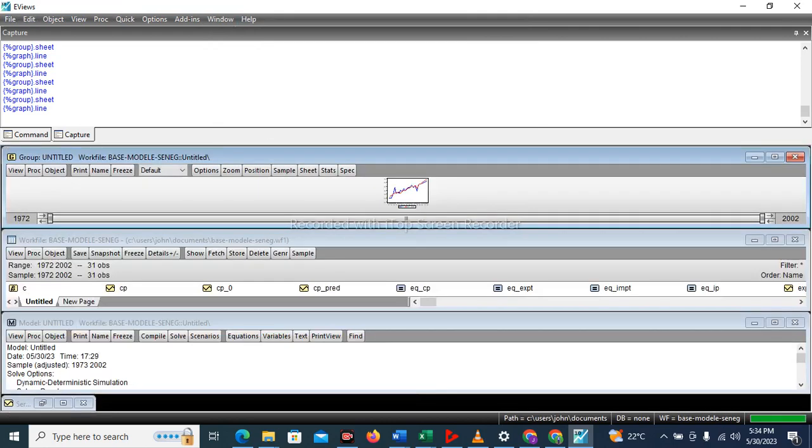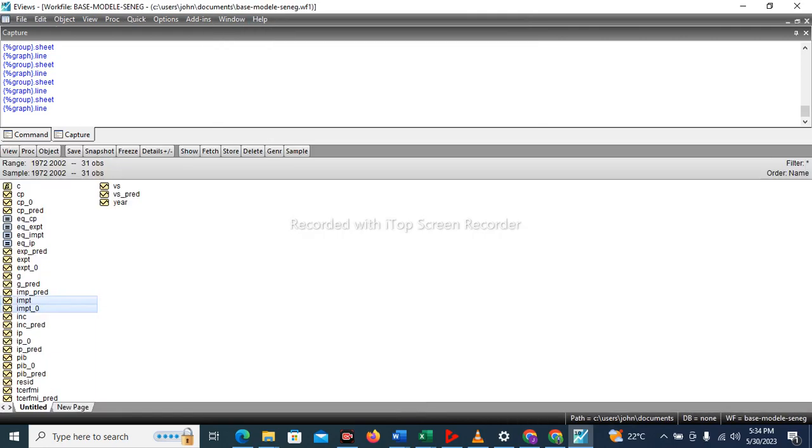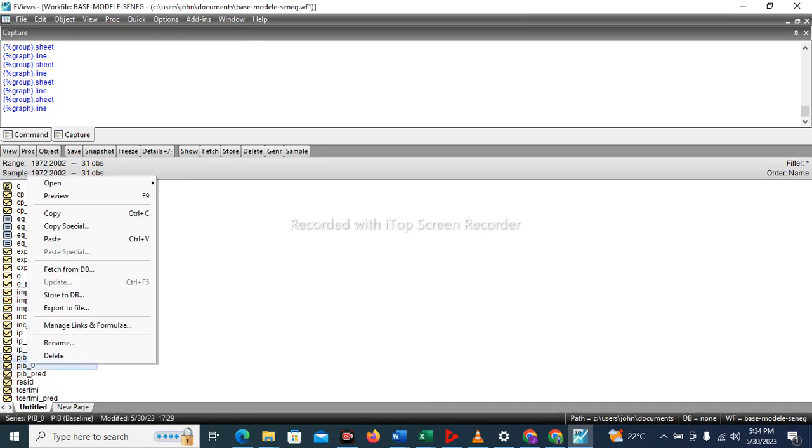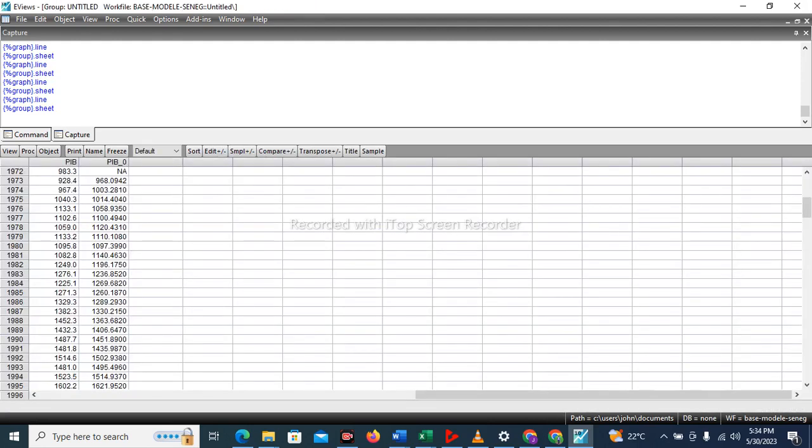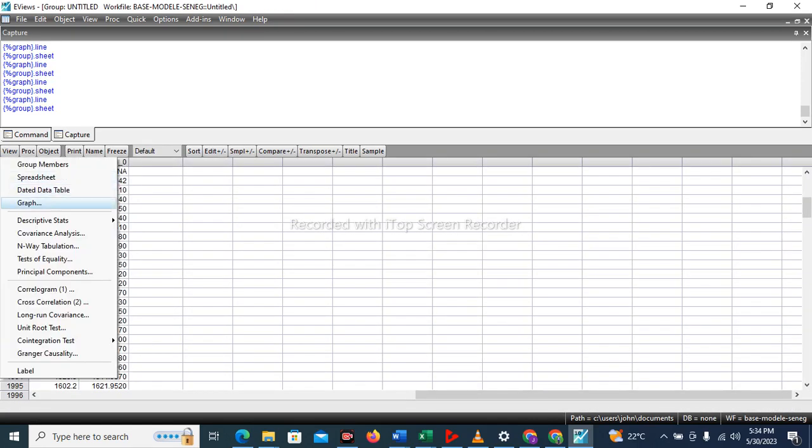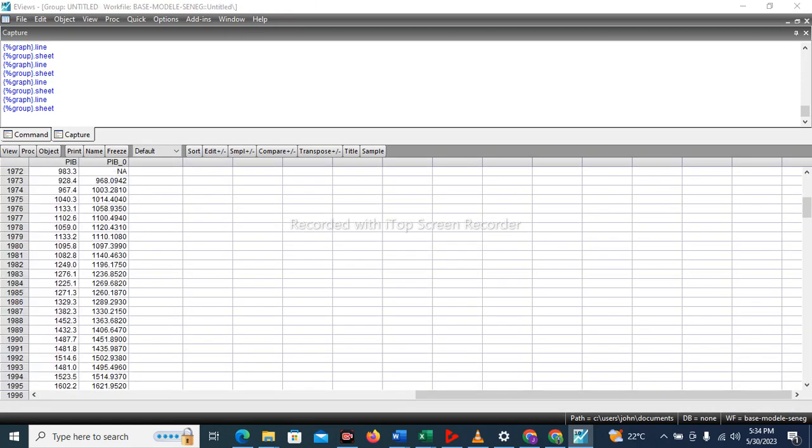Let's go to our GDP. Let's see how well the model can predict our GDP as a group. There it is. View. Then we want to see it in form of graph.